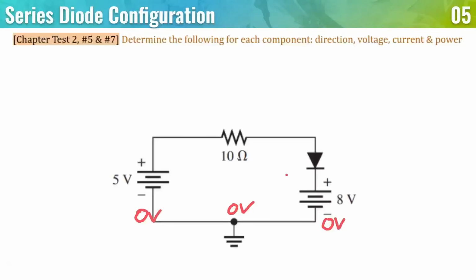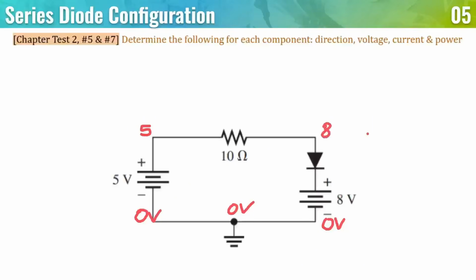Looking at this, 0 volts on the negative side means that the positive side must be 0 plus 5. And here, similarly, 0 on the negative side and having 8 volts as the label means that this part is going to be 8 volts.